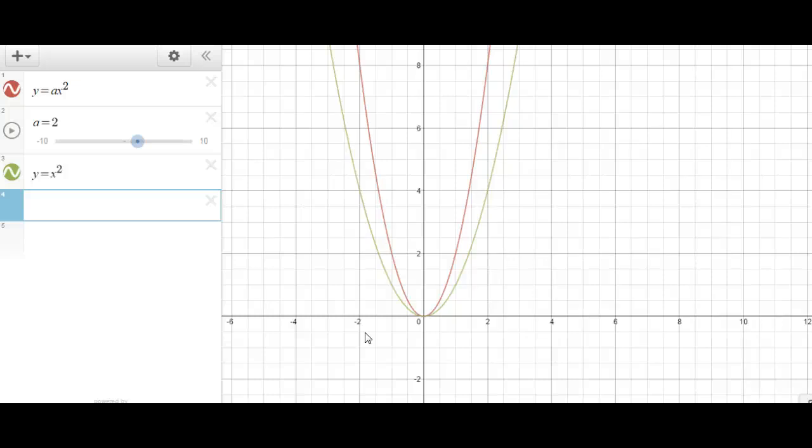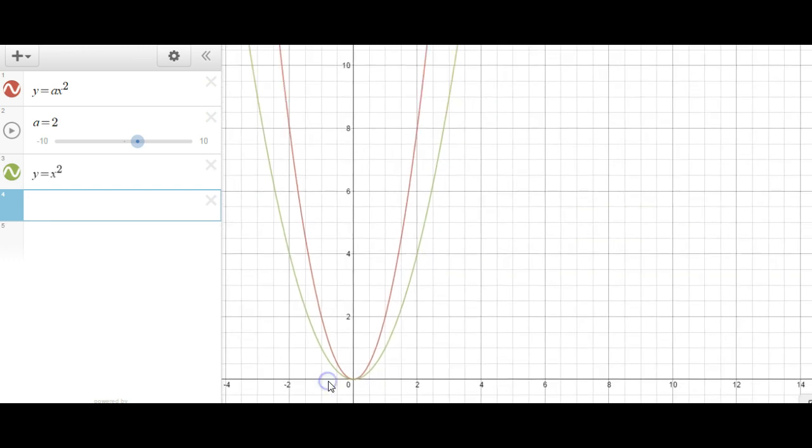We're taking every normal y value and doubling it. So the point 1, 1 becomes 1, 2. 2, 4 becomes 2, 8. 3, 9 becomes that. I have to play with it, so I'm not going to do that.